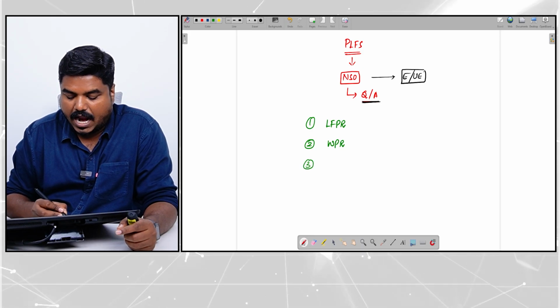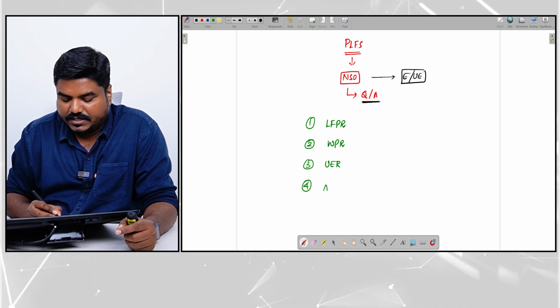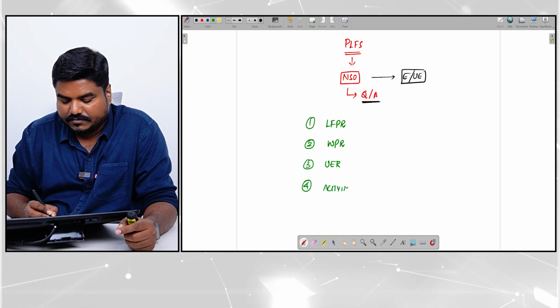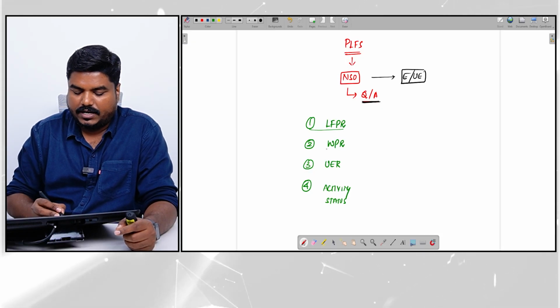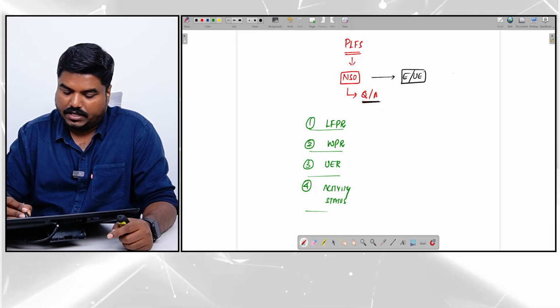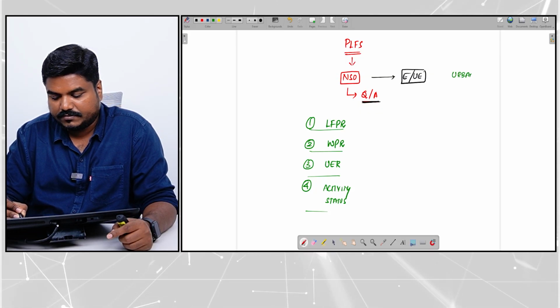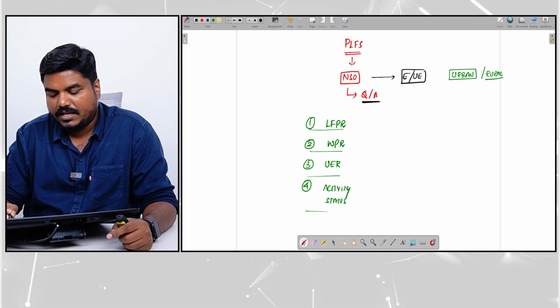The next is the unemployment rate. The next is activity status. One by one, let me explain. This information we will be getting for both urban areas as well as rural areas.